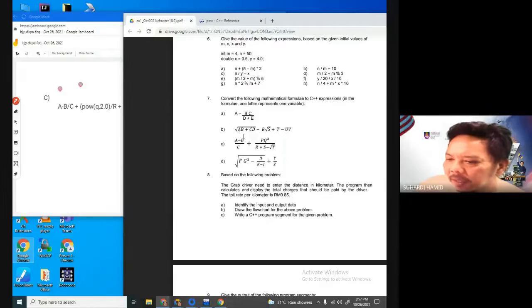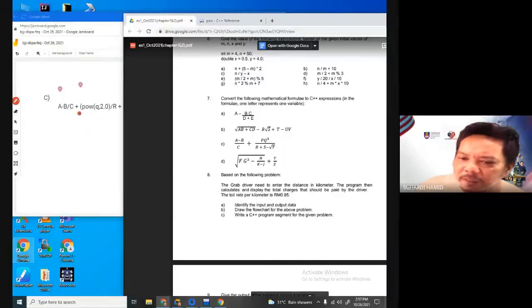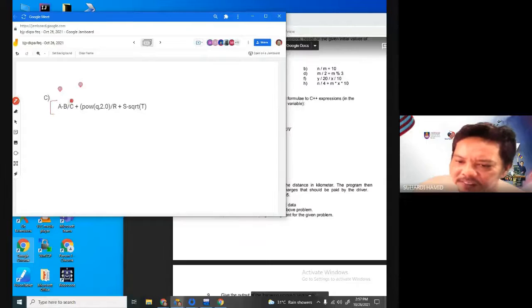All right, we'll handle this side first. A minus B divided by C. When you come across this, it will perform B divided by C first. So this is incorrect. What should we do?